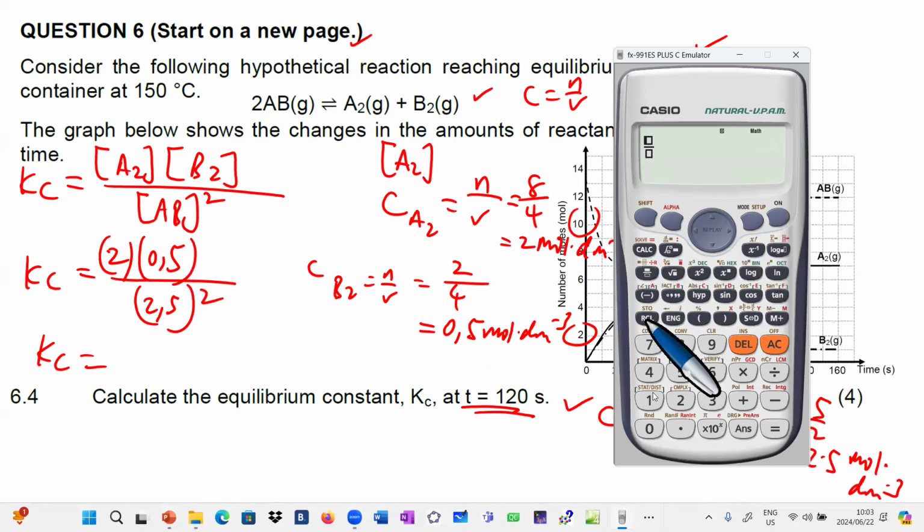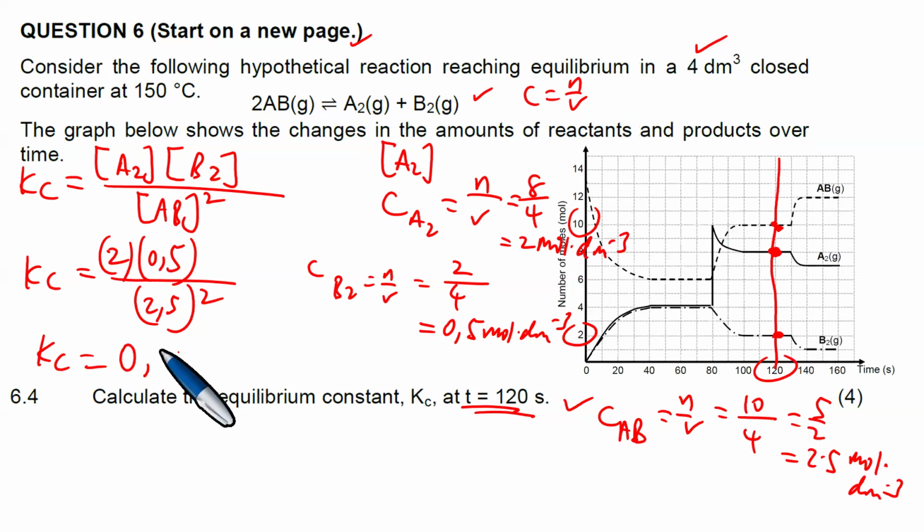So let's do this: you have 2 times 0.5, you divide by the denominator, which is 2.5 squared, like this: 0.16. So it's dimensionless, no units for the Kc, but it is exactly 0.16 there. And therefore, this should be the answer to this question. Let's look at the next point.